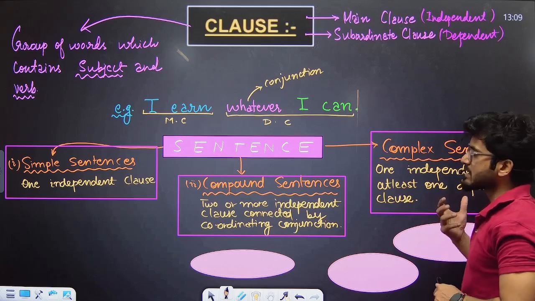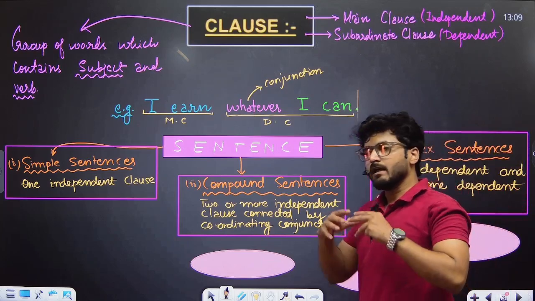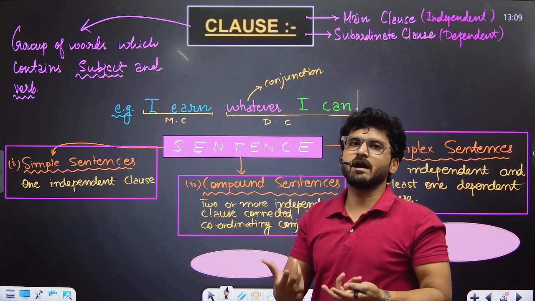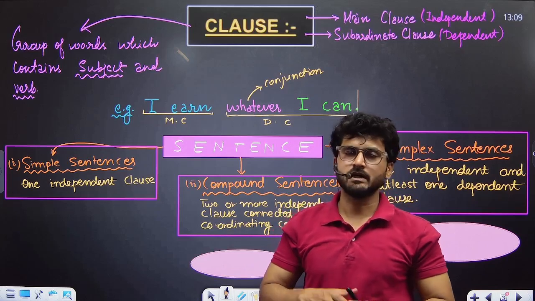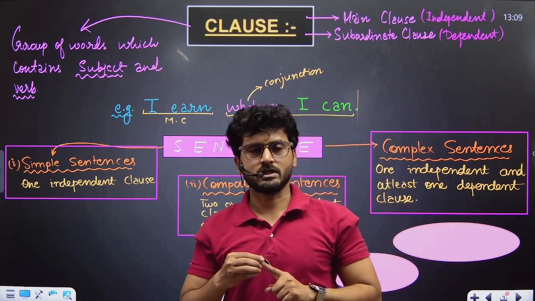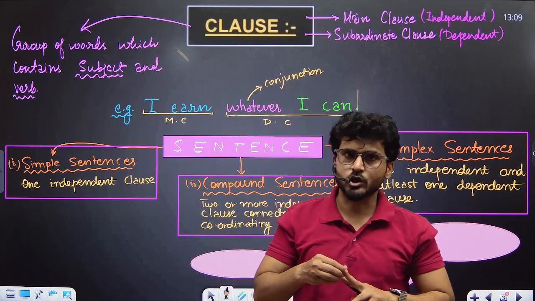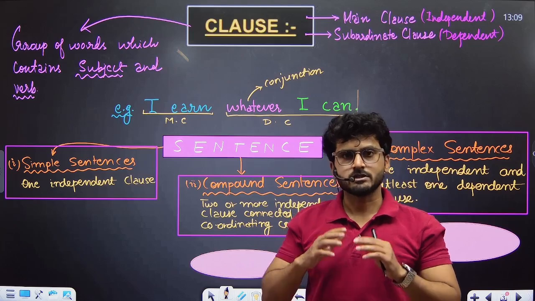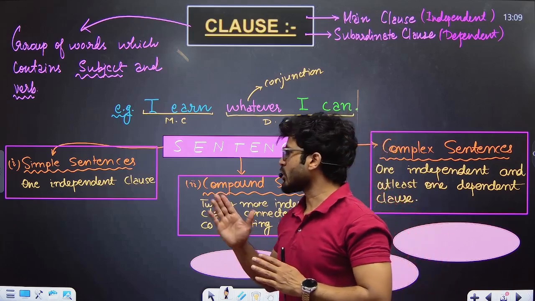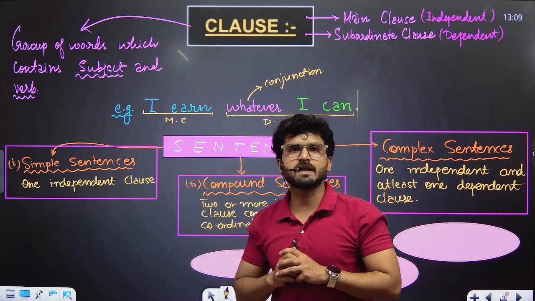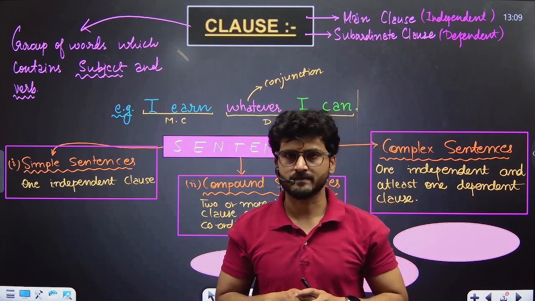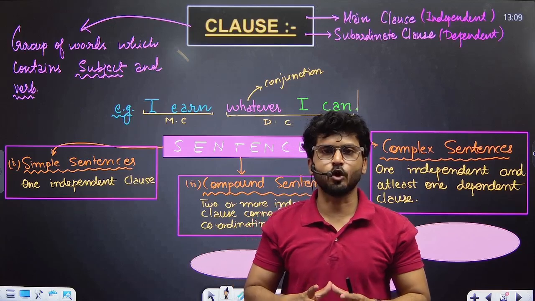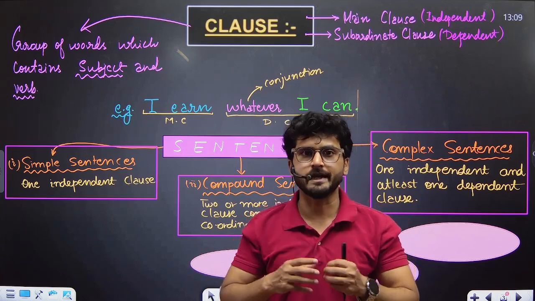Whenever the subordinating clause is present, only then do you have the variation of adverb clause, noun clause or adjective clause. In the independent or main clause you don't have these variations. You have the variation only in your subordinate clause part.